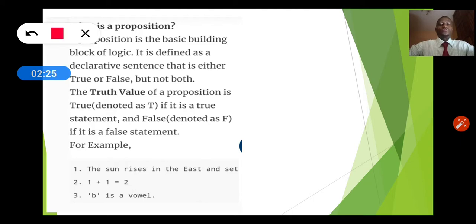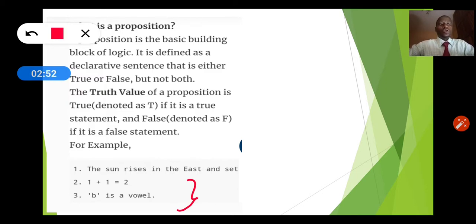That is true, so it's also a proposition. B is a vowel. Of course, we know that B is not a vowel, so that is false. Since we can assign a false, this is a proposition. Good. So all these three examples are propositions.